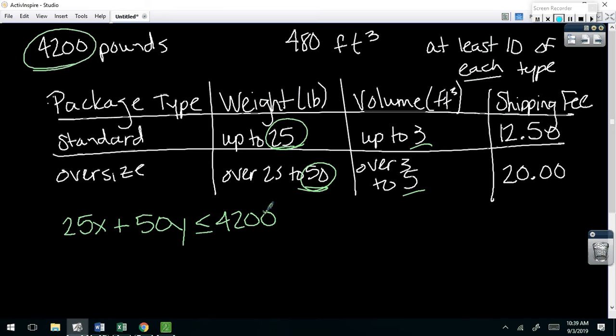All right, the next constraint we deal with is the volume, right? How might I set that up? 3x plus 5y is less than or equal to 480.